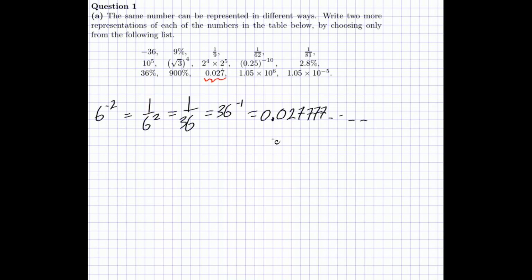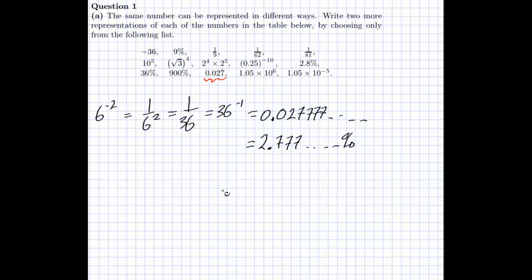So there's 1. And what else could we do? We've already tried representing it as a fraction. We could try representing it as an exponent. We could try as a percent. So let's try a percent then. To turn this into a percent, multiply by 100, so we get 2.777 and so on percent.